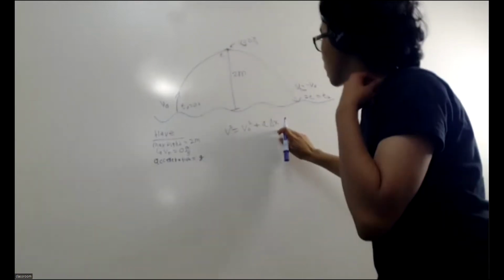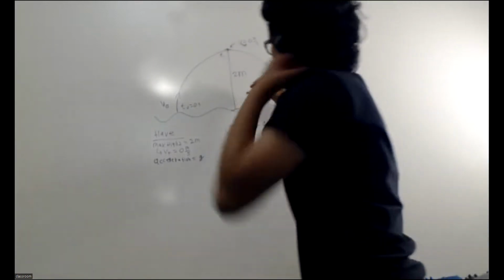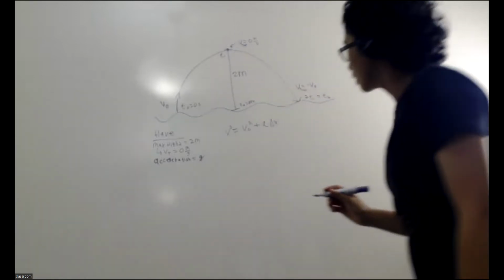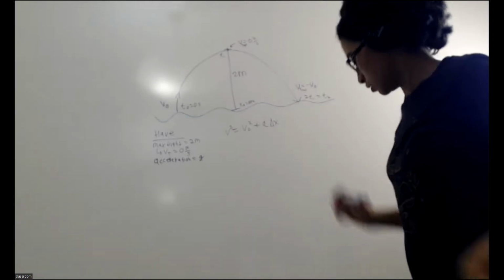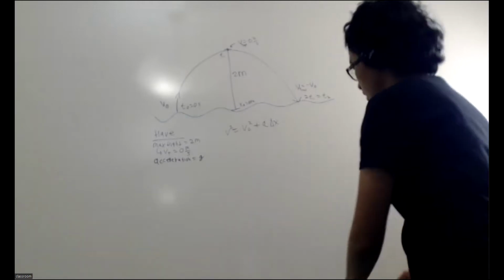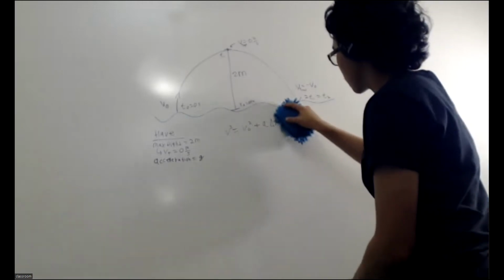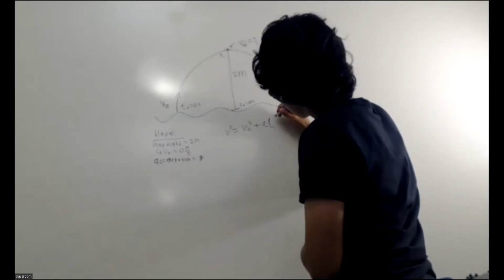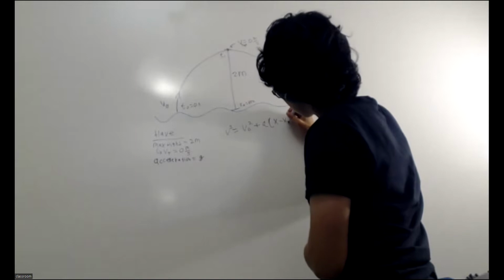Because we have the delta X, and we technically have X naught, which is 0 meters. So let me expand that delta X: X minus X naught.